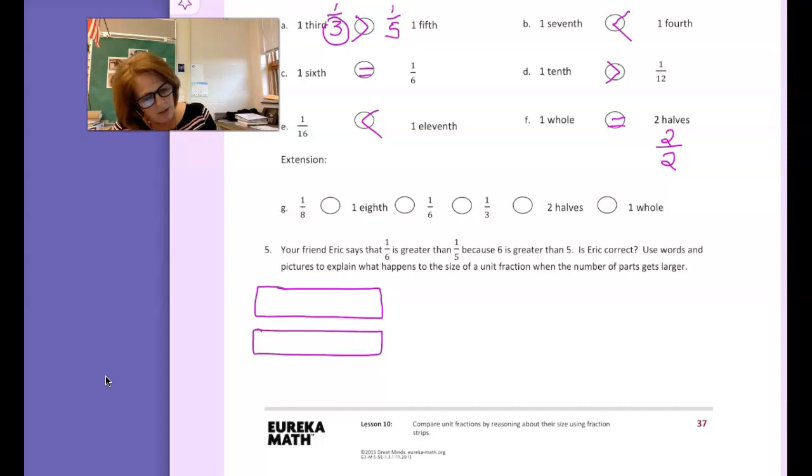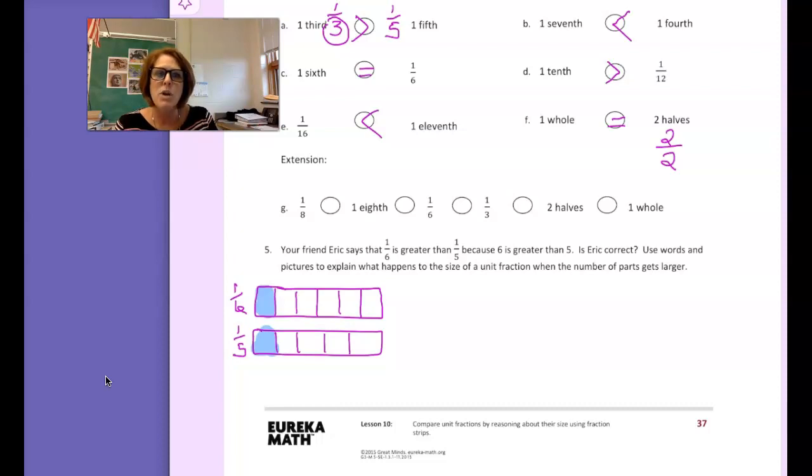Let me draw the pictures here. It's really hard to tell because they're so close.